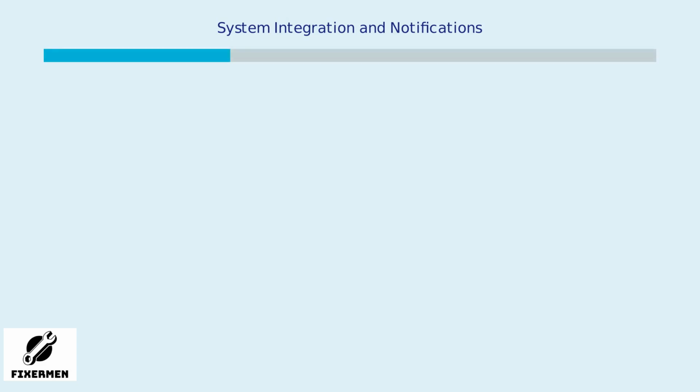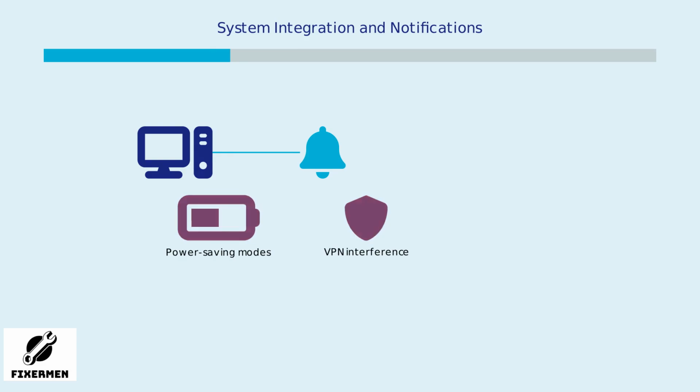Outlook integrates with your operating system's notification center to deliver real-time email updates. This system integration ensures you receive instant alerts when new messages arrive, keeping your inbox synchronized without manual refreshes. However, certain system settings can disrupt this integration. Power-saving modes, such as battery saver or sleep settings, may block notifications to conserve energy.